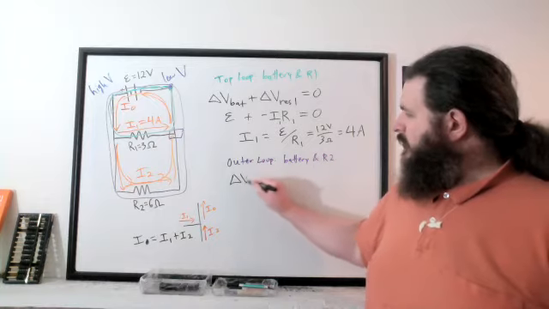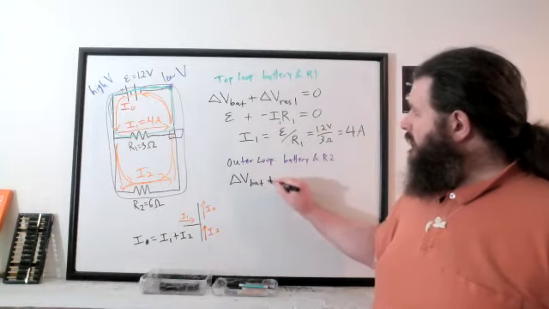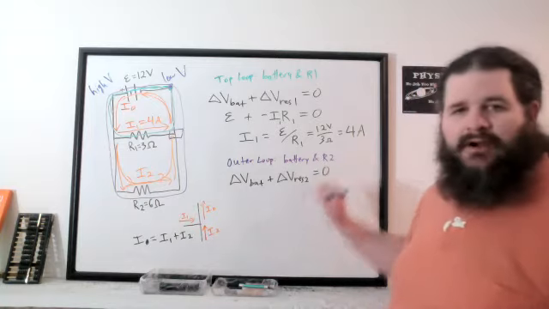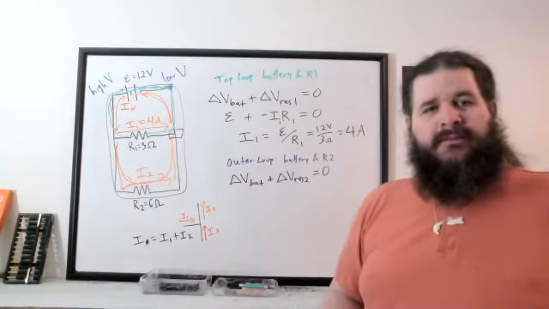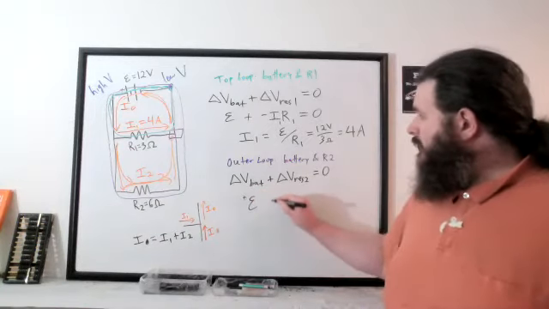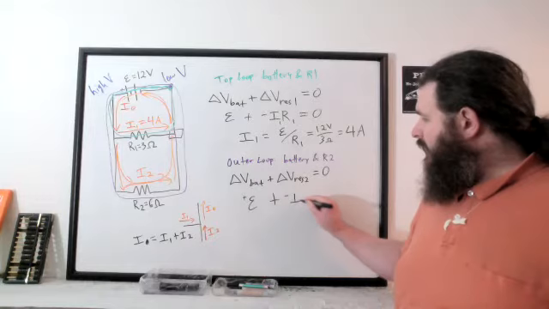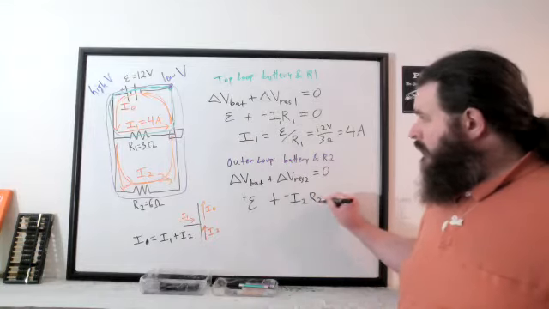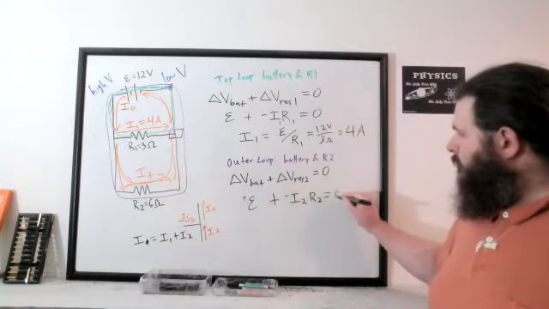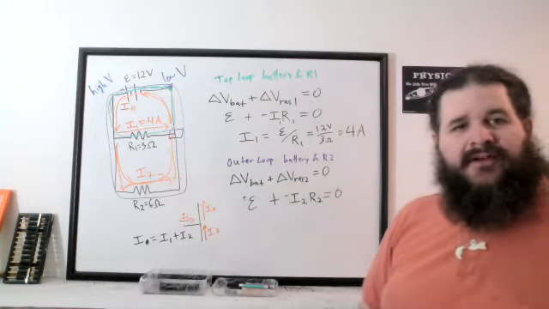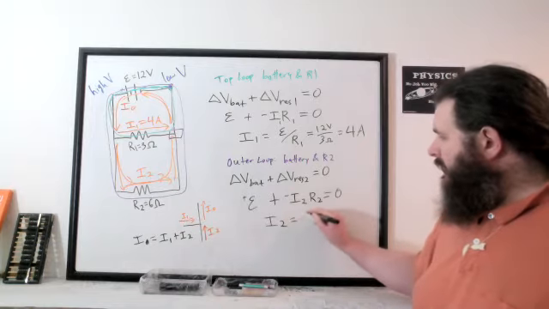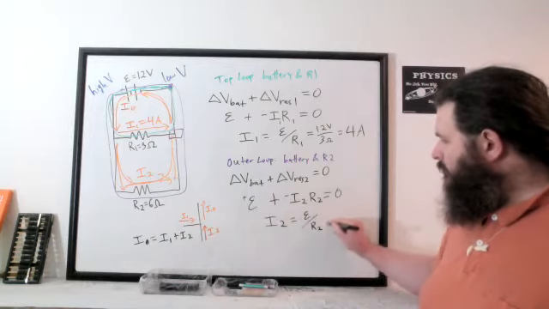Then we could say those delta V's, delta V from the battery and delta V for resistor 2, have to add up to 0. And note that this is going to be fundamentally the same equation. We're going to have a plus epsilon from the battery. We're going to have a negative I2 R2, because it's that current and that resistance, which means this is going to solve in exactly the same way. I2 is going to be epsilon over R2.